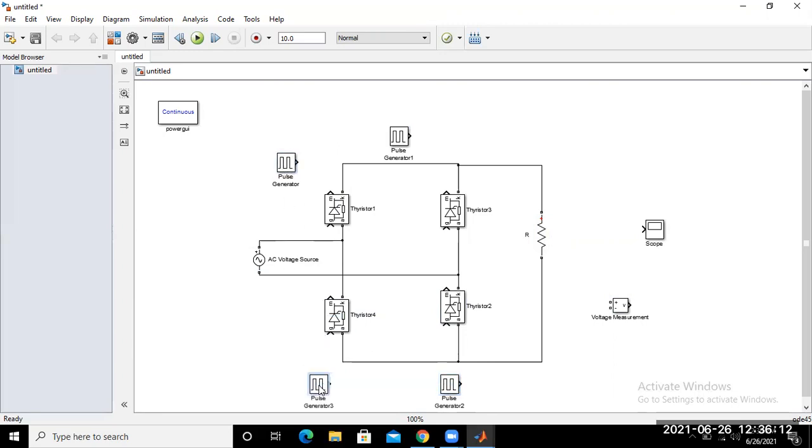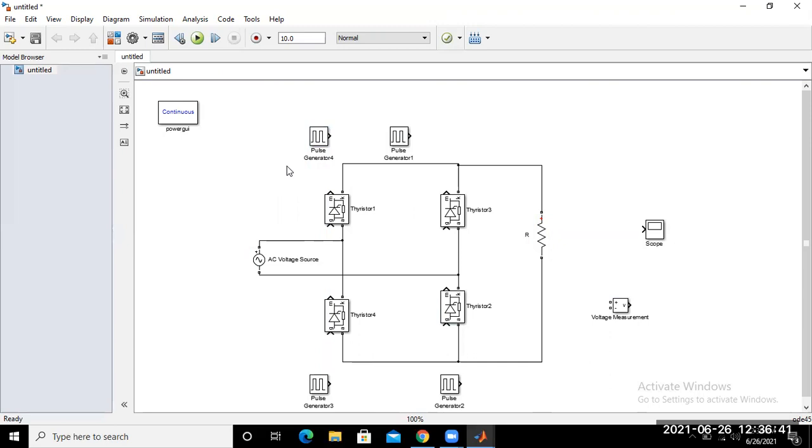Okay, you may rename these pulse generators. This one is for thyristor 1, so you may write pulse generator 1. Okay, for thyristor 1. So you already have pulse generator 1. So we require 1, 2, 3. Next, generate pulse generator 4. So that will be easier to do.